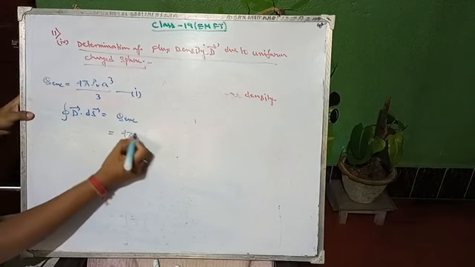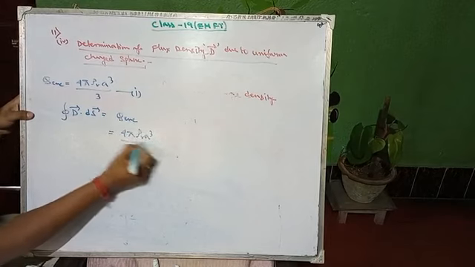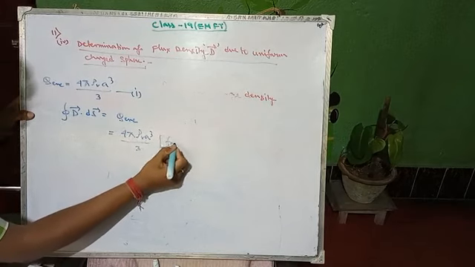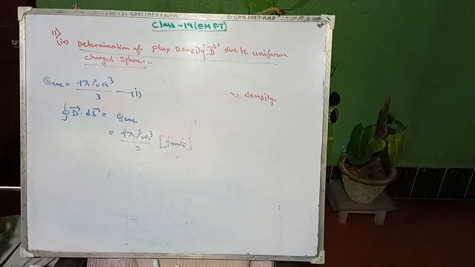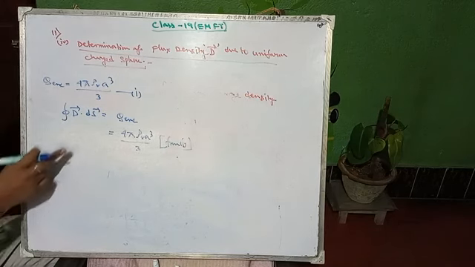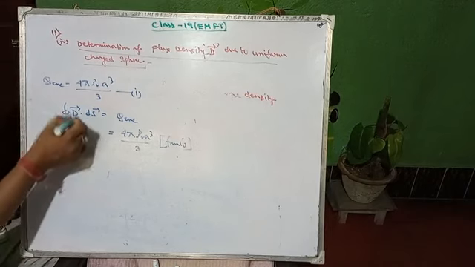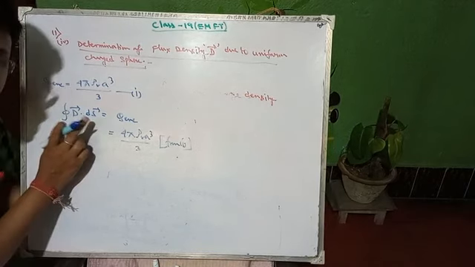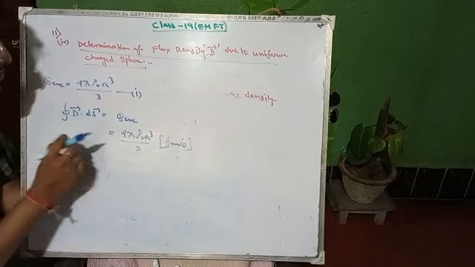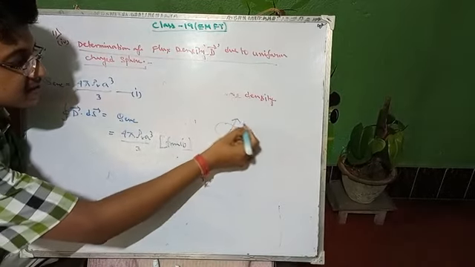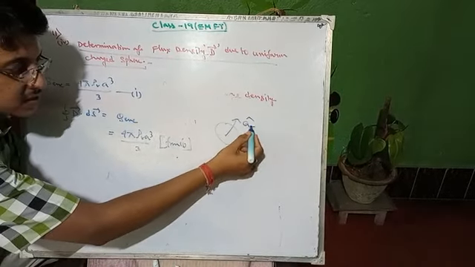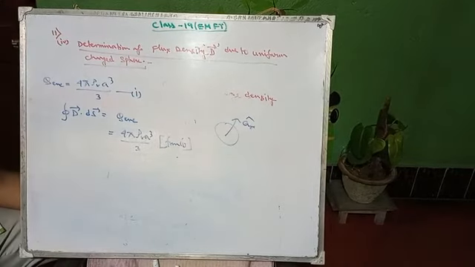So 4 pi rho v a cube by 3 from equation 1. And what is the dS? In which direction is this surface? The direction of this surface is nothing but radial, that is a r cap. Okay, towards a r cap, that is the radial part.